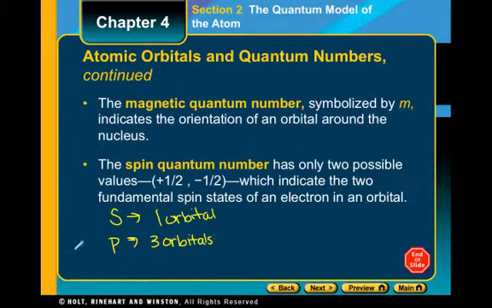Okay, the d sublevel. How many orbitals do you think it would be? Look at our pattern. 5. We are going up by 2s, an odd number. I'm not going to build them all. But you have a d sublevel like this, and then like this. You have one like this, and then you have this 5th one.